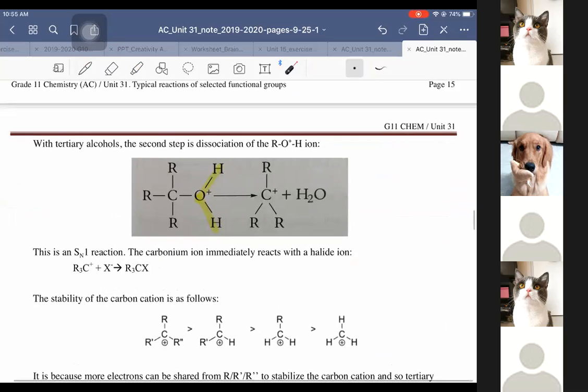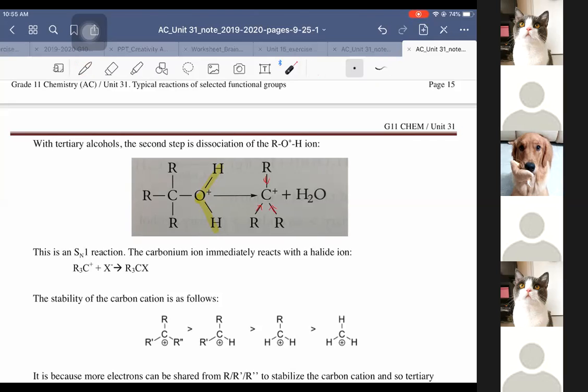For tertiary alcohol, this water molecule can just leave and then form the carbocation. This carbocation, since it has 3 alkyl groups next to it, these 3 alkyl groups can donate electrons towards this positively charged carbon atom.